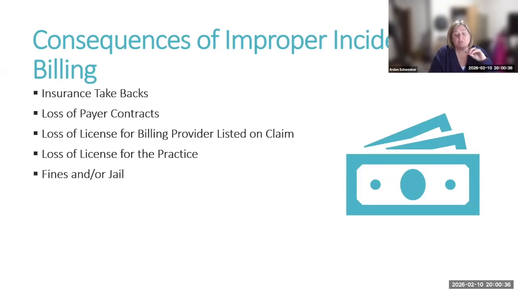One patient reviewed her EOB and filed a complaint to Medicaid because the name on the EOB did not match who she saw. Medicaid came in and did a full audit. They called the OIG. The Office of the Inspector General came in, told the birth center they had 24 hours to pay a fine. It was almost $500,000. They could not pay that fine. The next day, the Department of Justice locked their doors. That was improper incident to billing.